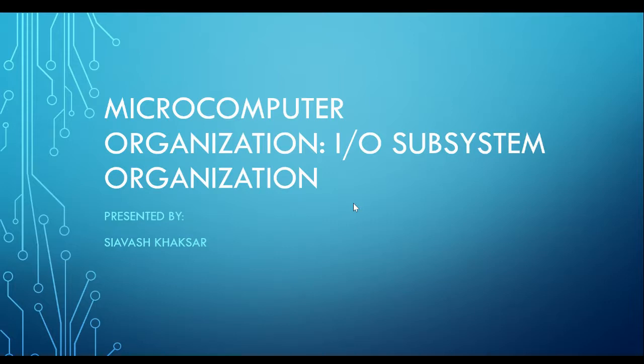We want to learn more about theory, but I hope that at the end of the semester, you will have hands-on experience. Today you will be loading a program and then observing the LEDs. That is part of the I/O.